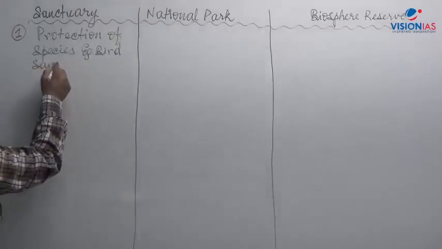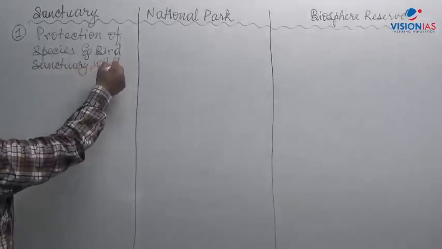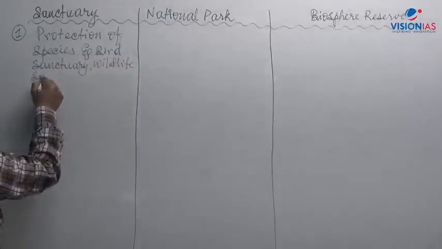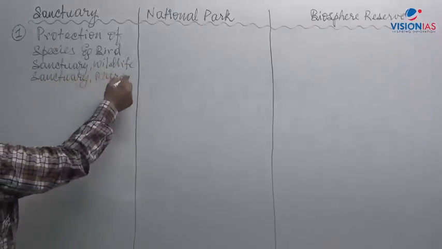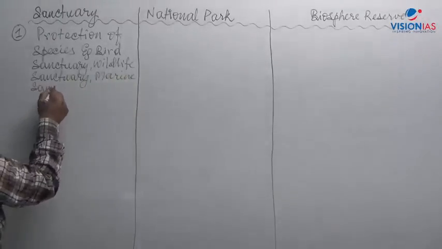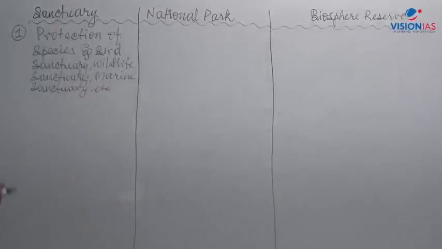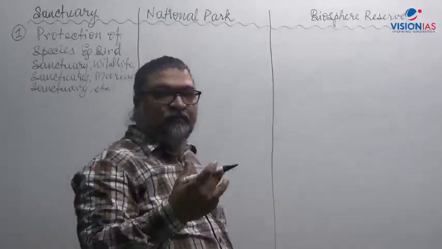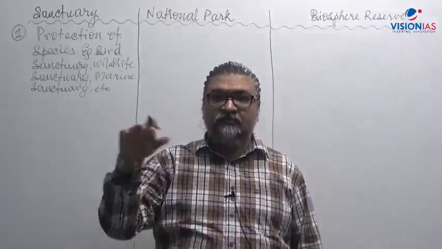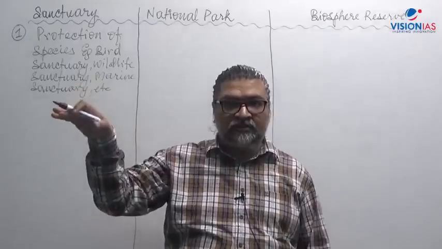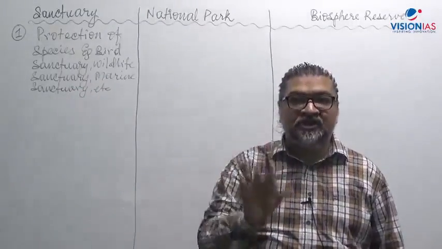Then for wildlife, the different wildlife sanctuaries are there. Marine sanctuary also there. Like for example, you are aware that olive ridley turtles, which come for mass nesting to Gahirmatha Marine Sanctuary. That is in Odisha. Odisha state government has declared that for conservation of marine turtles, sea turtles there.